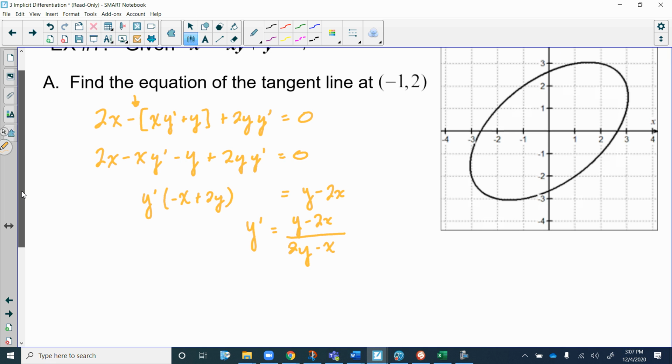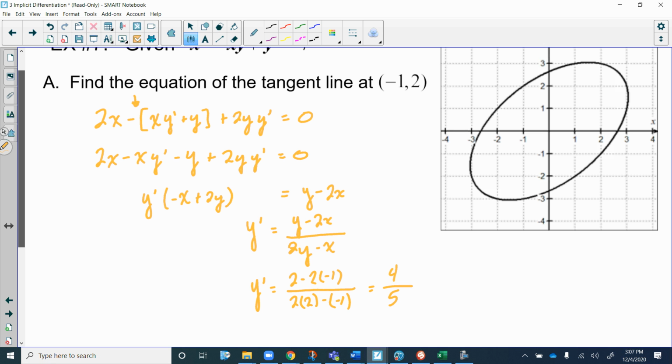Now we want to know the value of the derivative at the given point. So y prime, when we plug in the values they gave us, is 2 minus 2 times negative 1 divided by 2 times 2 minus negative 1. In the numerator, we're going to get 2 plus 2, so that's 4, and in the denominator 4 plus 1 gives me 5.